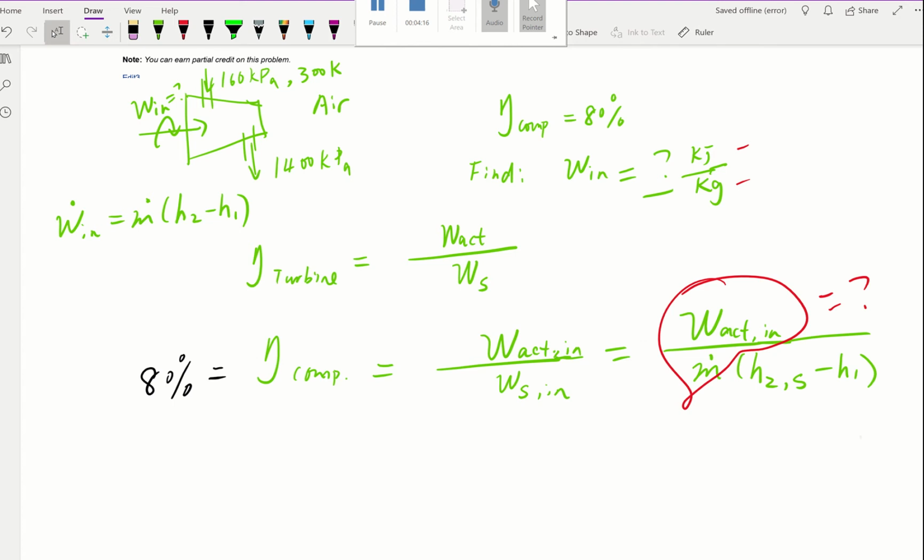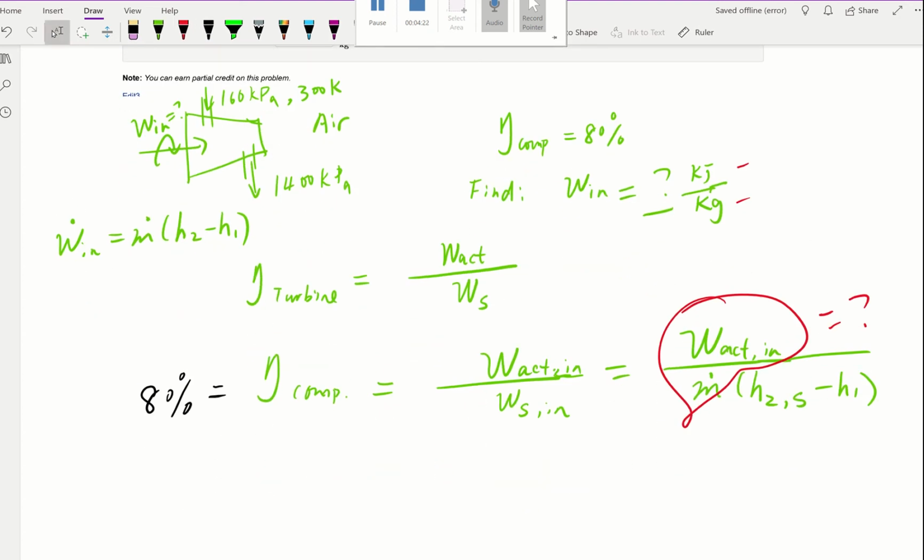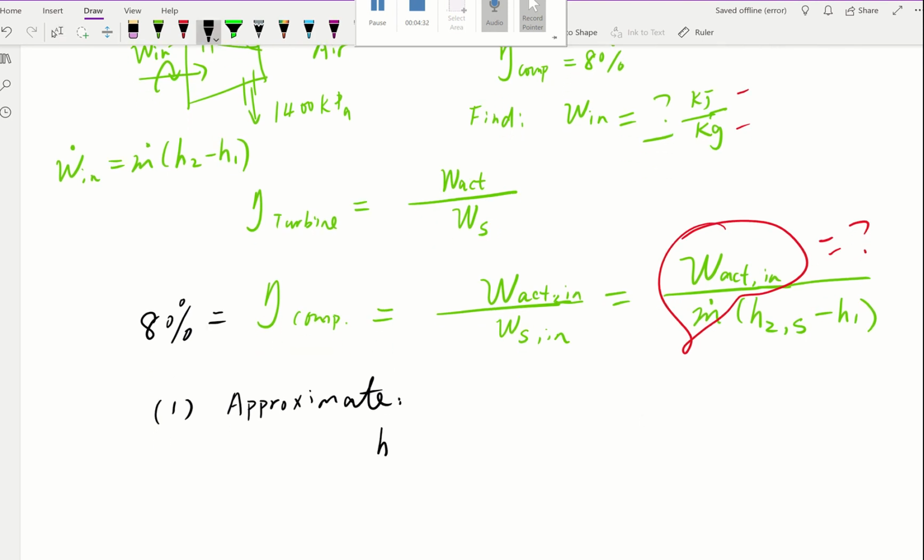So now let's think about it, there are a couple of ways. They ask us if it's approximate analysis. So the first method, if it's approximate, we're going to think about this H2s minus H1.